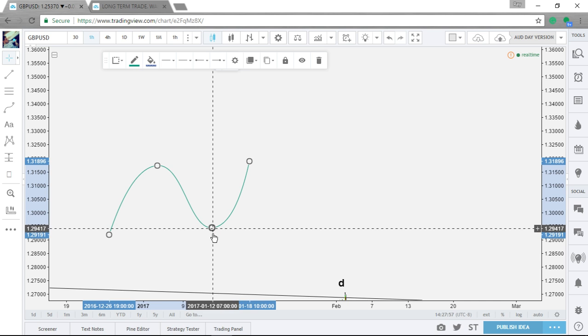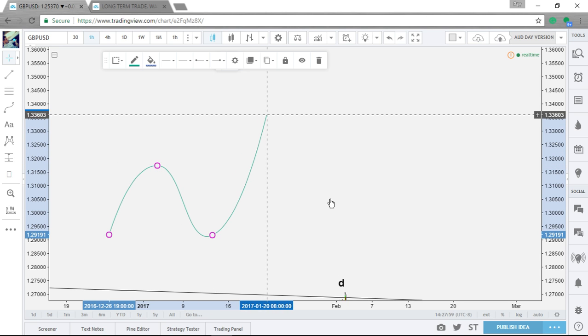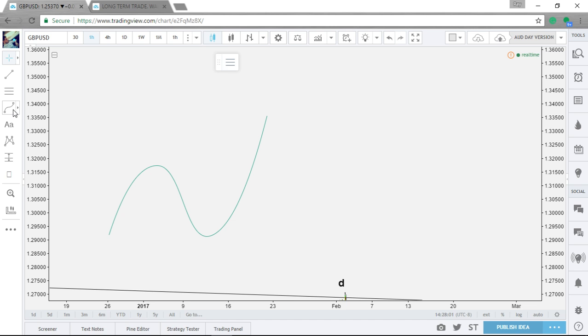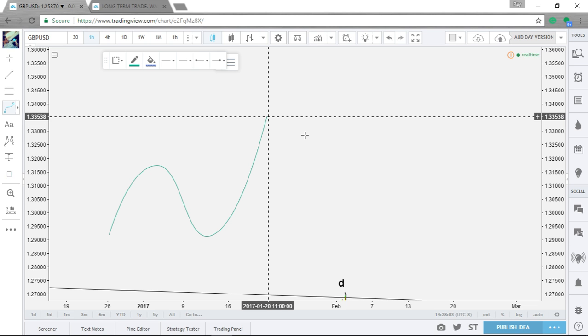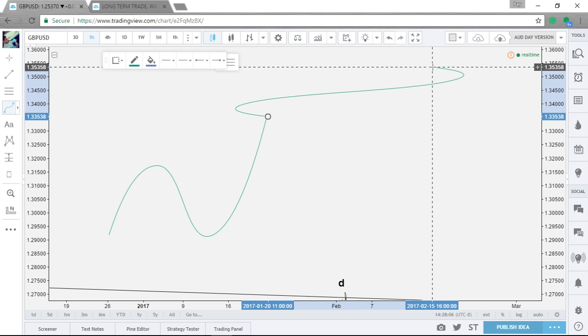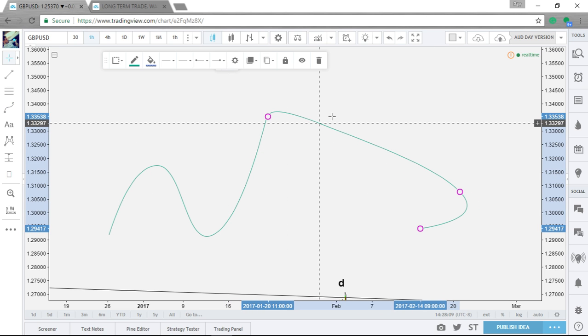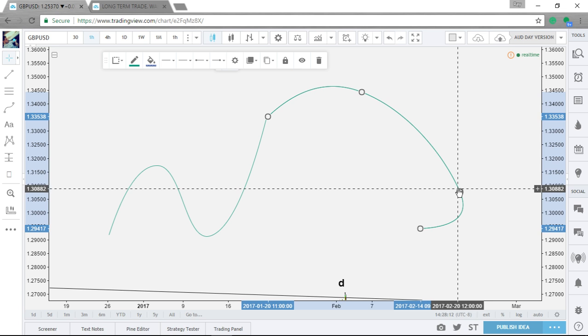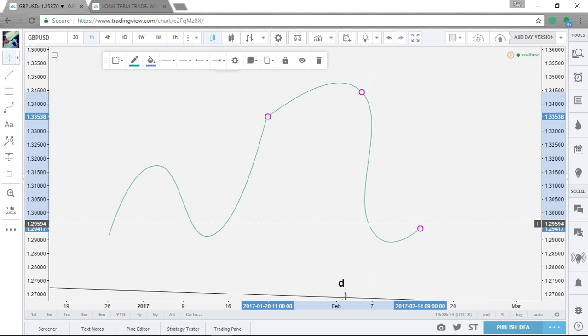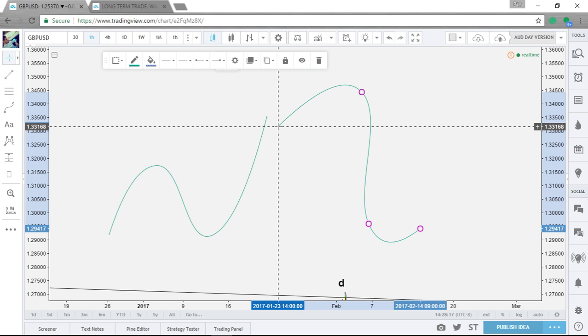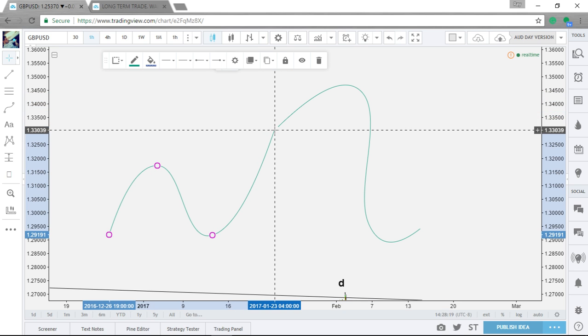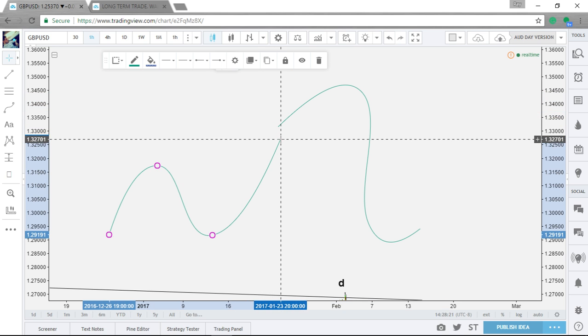Now, the way the market works is that when the market moves, it creates impulses.